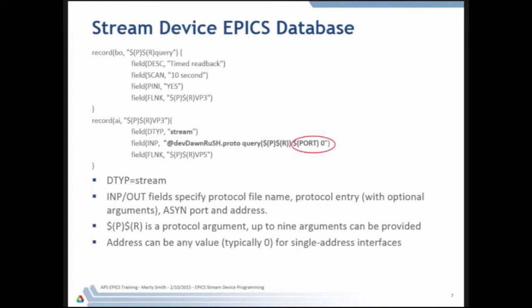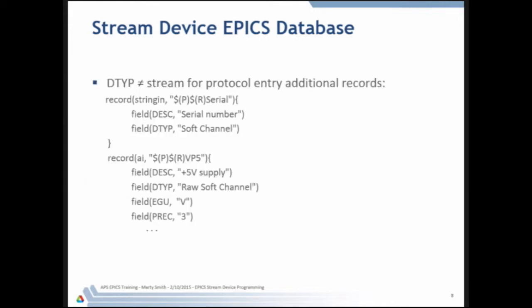You also have to give it the asyn port and an address. Now the address can be anything you want, any number. Typically for serial type devices, for most devices it's actually 0. And you can have up to 9 arguments in your function call.